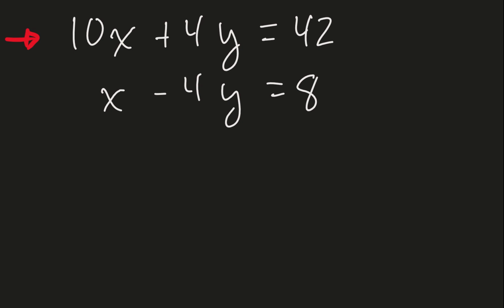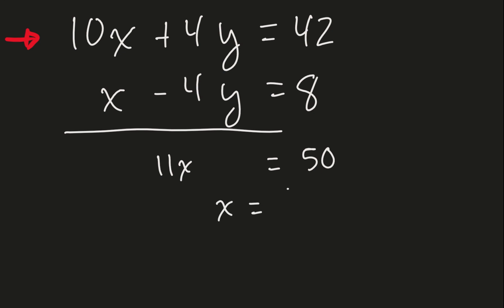Well, when I do that, on the left hand side, when I add these, I end up getting 11x. And on the right hand side, I end up getting the number 50, which is fabulous. I've got another answer that's got 11ths again. So it looks like that means that x is equal to 50 over 11.